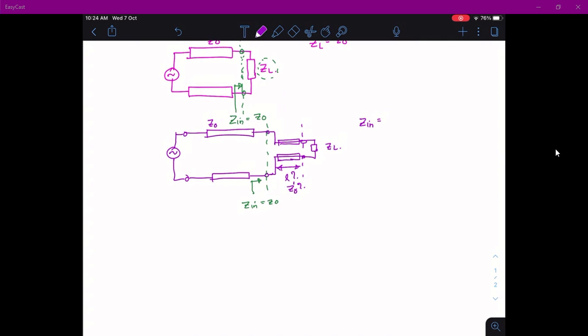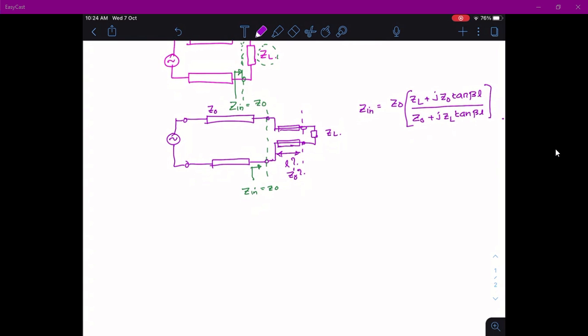So this is Zin is equal to Z0 times (ZL plus jZ0 tan βL) divided by (Z0 plus jZL tan βL). Okay. So let's say my L value is equal to lambda by 4.